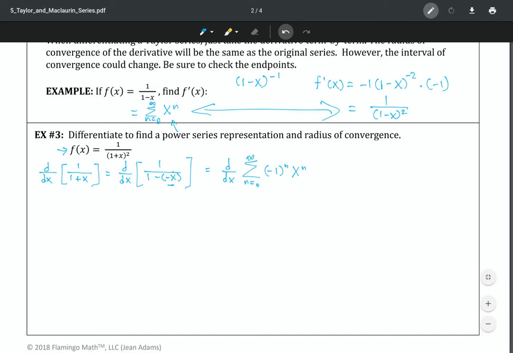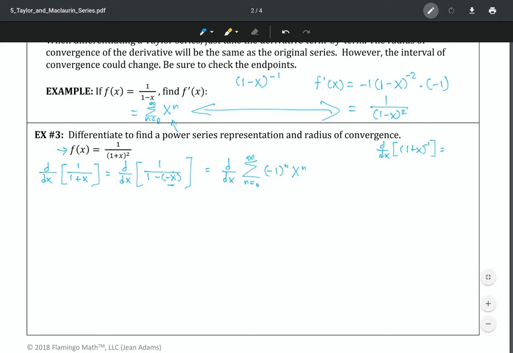So I'm going to take the derivative of this, and notice that I'm going to get really close to what I need. I'm doing the actual derivative of this function right here. If f of x, well, let me just say the derivative of 1 plus x to the -1.